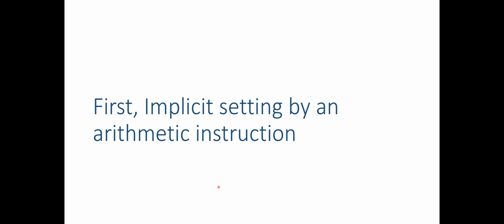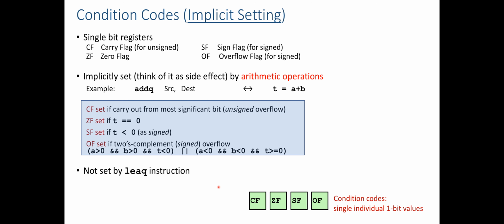All right, let's first look at implicit setting by a particular arithmetic instruction as an example. So the names of these 4 single bits in the CPU, these condition codes, are derived from this idea.